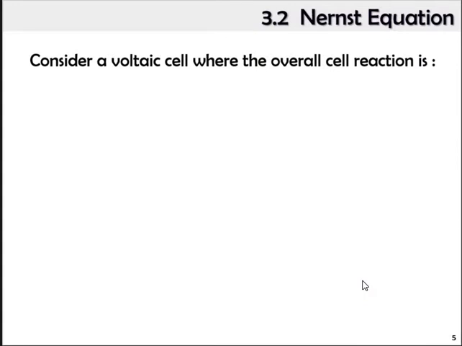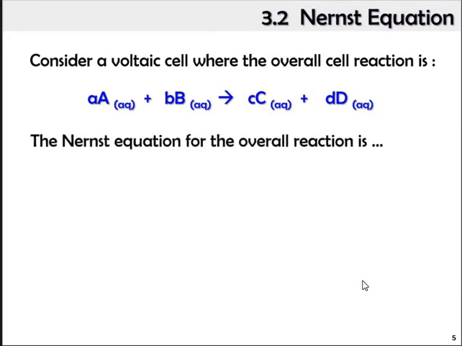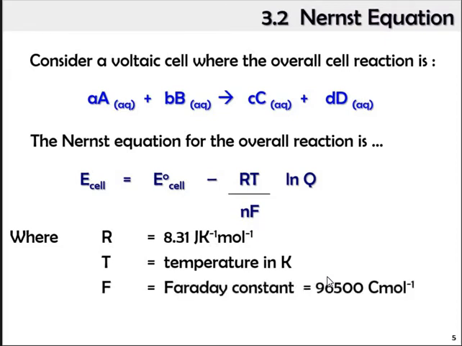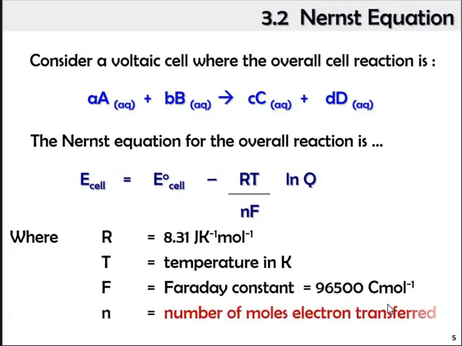Consider a voltaic cell where the overall cell reaction is A plus B produce C plus D. The Nernst equation for the overall reaction is E cell equal to E naught cell minus RT over nF ln Q, where R is 8.31 joule per Kelvin per mole, T is the temperature in Kelvin, F is Faraday constant, 96500 coulomb, and n is the number of moles of electron transferred.